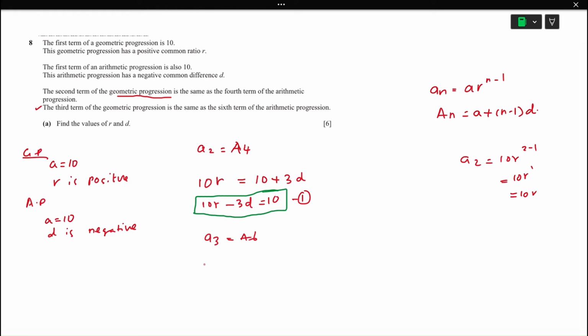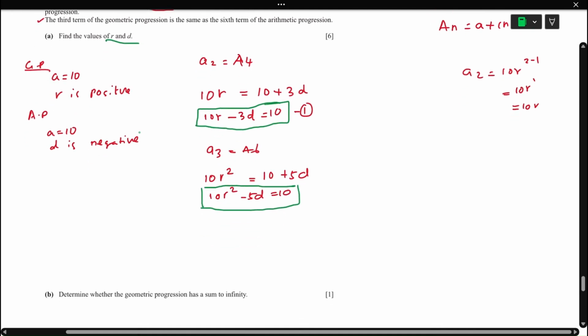I'll write the same way here, 10r square, because r power 3 minus 1 is 2, equal to a6, again 10, 6 minus 1 is 5, 5d. So here also I'll make it 10r square minus 5d equal to 10. This is my second equation. Okay, so find the values of r and d. That's our question, so we need to solve these two equations.